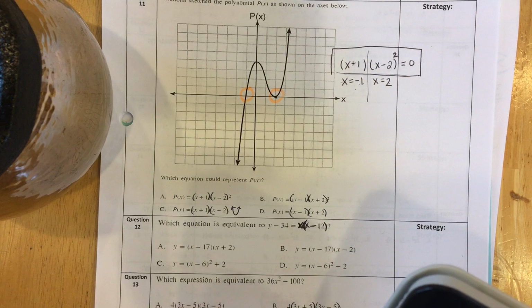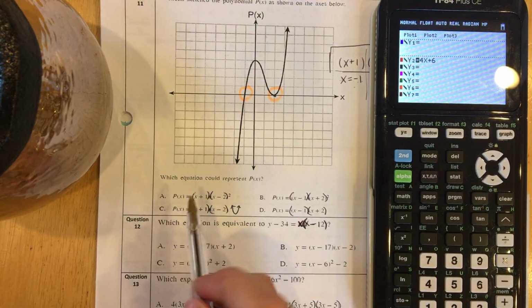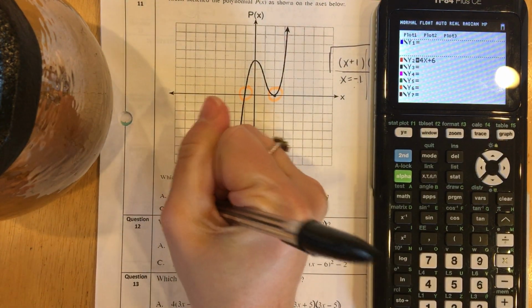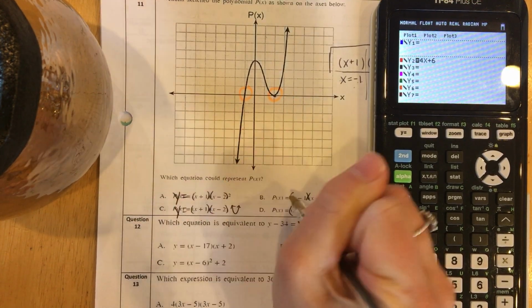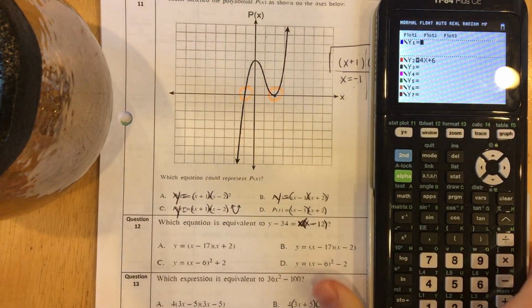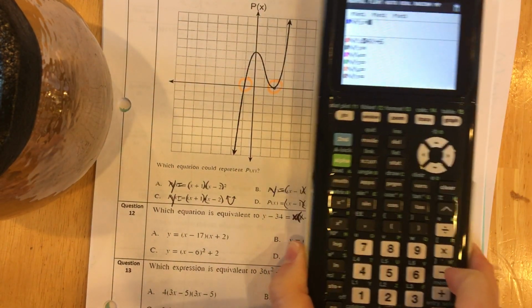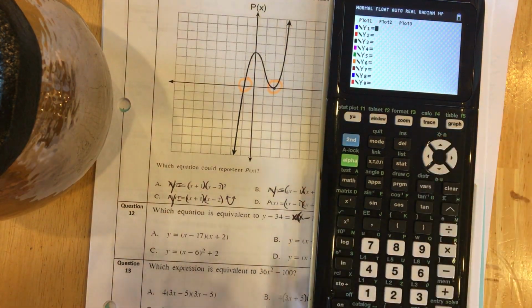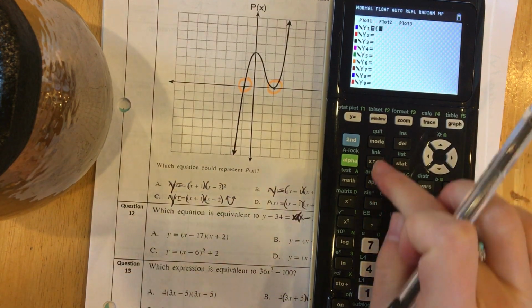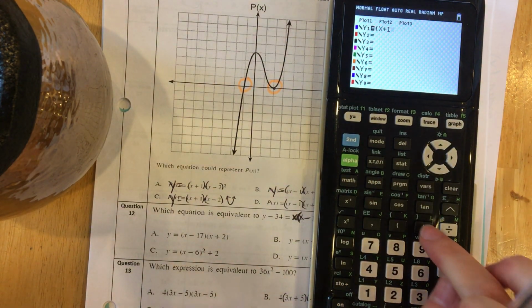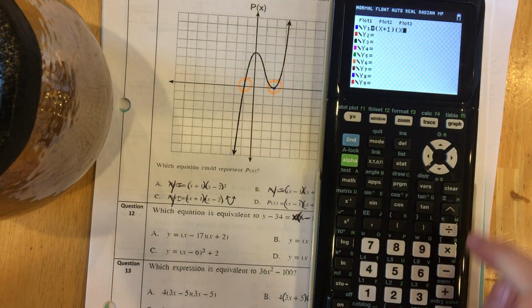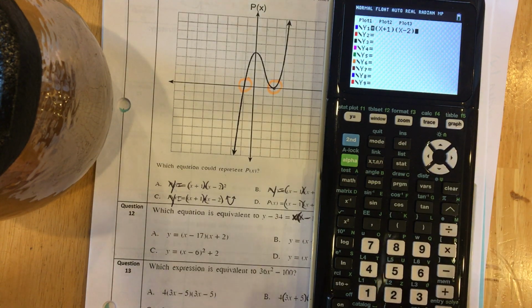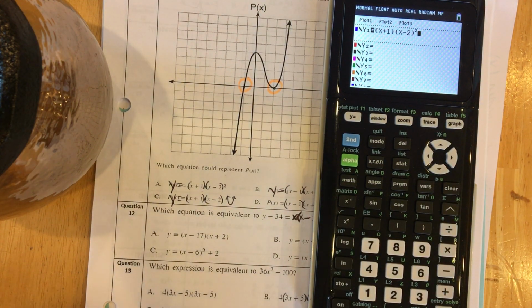So my next strategy I'm going to show you guys is P of X means Y equals, right? We've gotten the hang of that, it all means Y equals. So I'm going to clear out my Y equals and I'm going to put my option A into Y equals. Parentheses, X plus 1, close your parentheses, X minus 2, close your parentheses and hit that squared button.